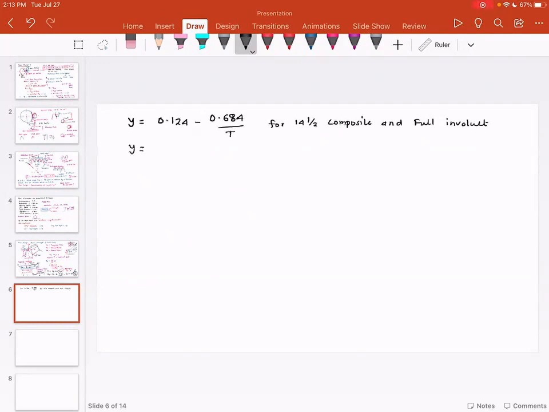Y is equal to 0.154 minus 0.912 divided by T for 20 degree full depth involute.